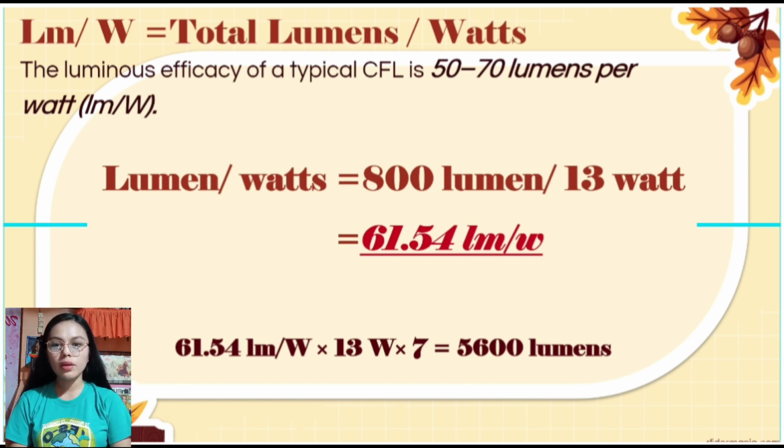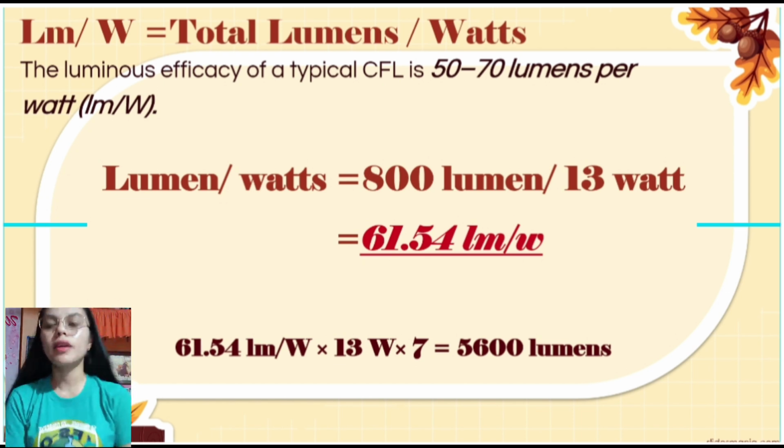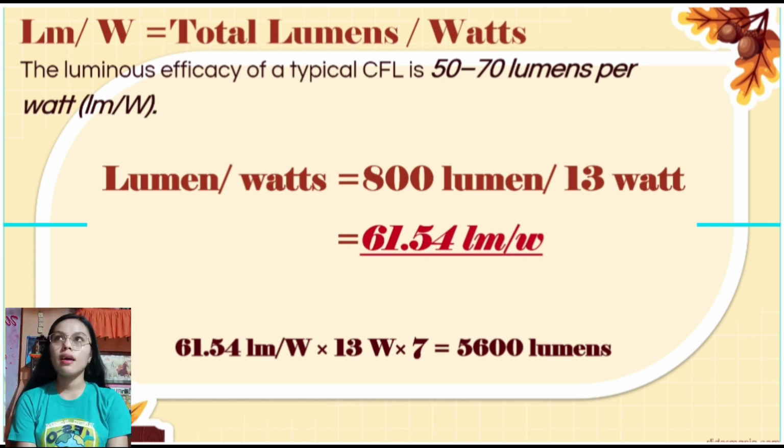Kung ato na pong gamito ng atong original nga formula para makuha ang total lumens, nga ang formula niyo is lumens equals the watt or the wattage times the luminous efficacy. Ang makuha na tong answer is 5,600 because 61.54 LMW times 13 watts.